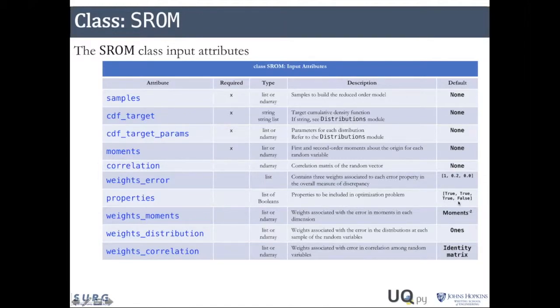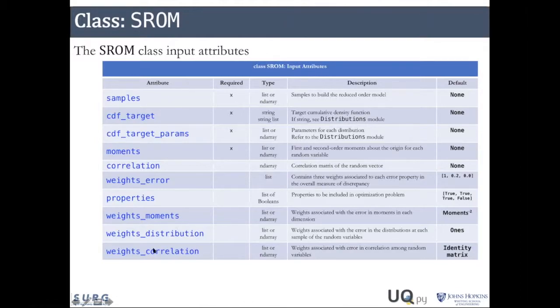The length of this list is 4. The first one corresponds to distribution, whether you want to include the errors in distribution in your objective function or not. The second one is for first order moments. The third element is for the second order moment about the origin. The fourth element is for the correlation, and this is the default list for properties.